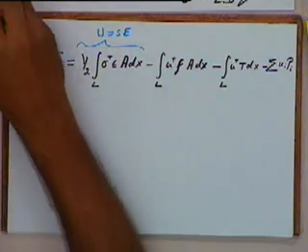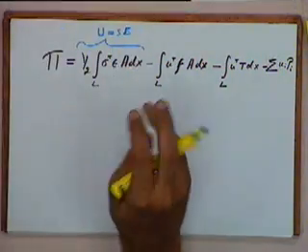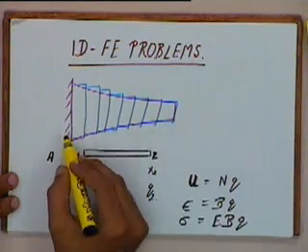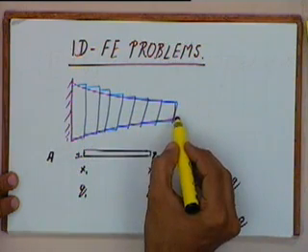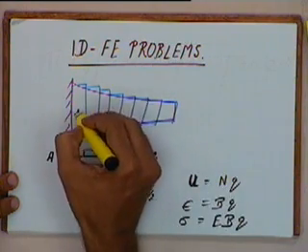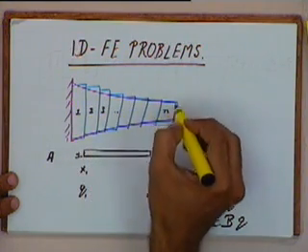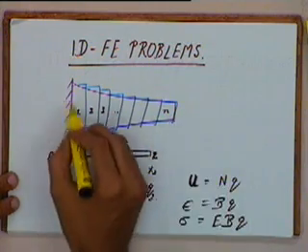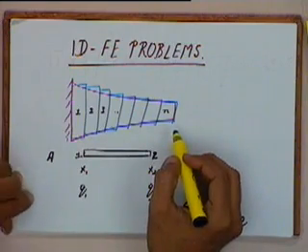Now the potential energy in this complete object will be the sum of the potential energy in the individual elements. So if I take this element as element number 1, 2, 3 and so on, so I have n elements, then the total potential energy of this body will be the sum of the individual potential energies.